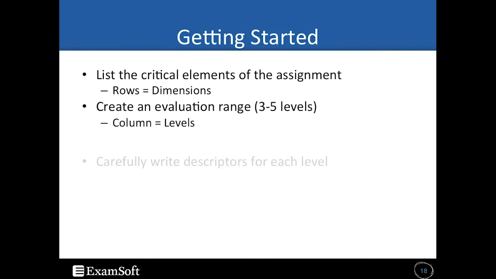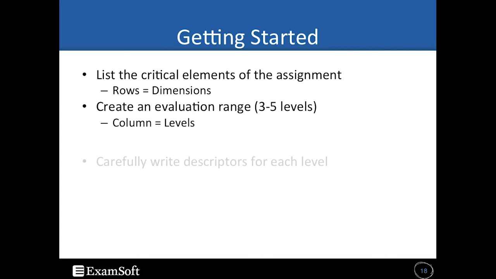And then you're going to create your evaluation range. So those are columns, or within ExamSoft they call these levels, but those are the different levels that we would assign the student's work to. So these can be things all the way from exceeds expectations down to did not meet expectations, and any level in between.